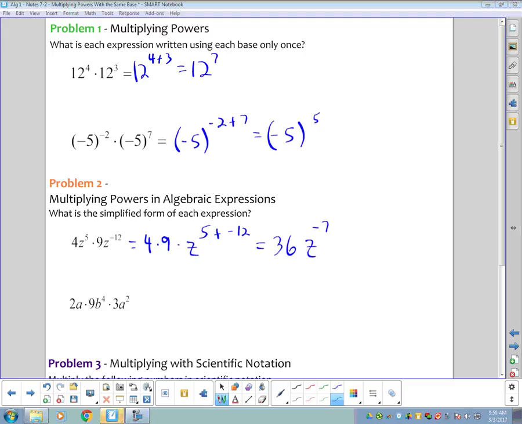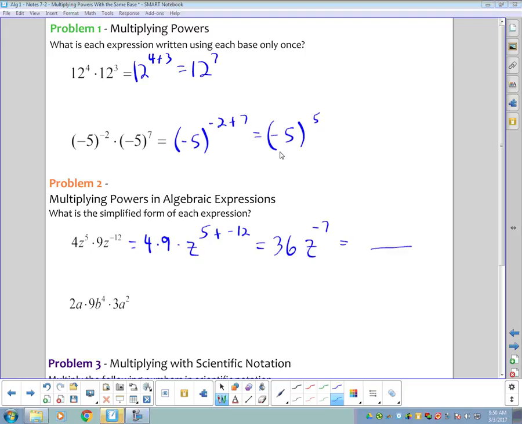And just as we did 2 days ago, we cannot leave that z to the negative 7 there. It's not in simplified form if there's a negative power on anything. So what do I do next? Draw my fraction bar. What happens to the 36?